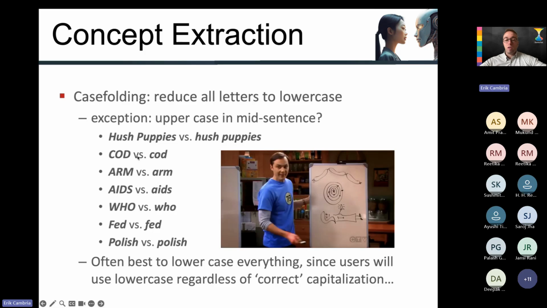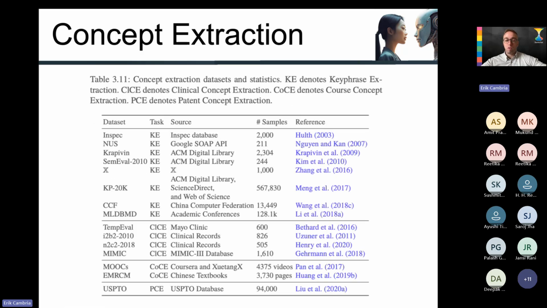So COD is different from cod, ARM versus arm, AIDS versus aids, WHO versus who, and so on and so forth. So this is also something that is important for concept extraction.